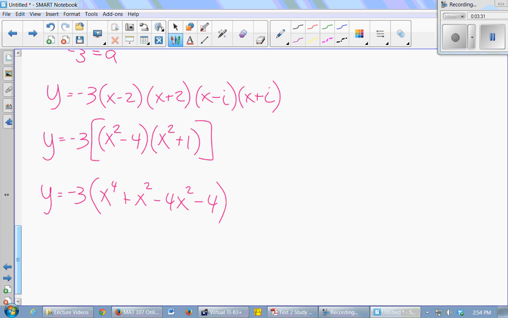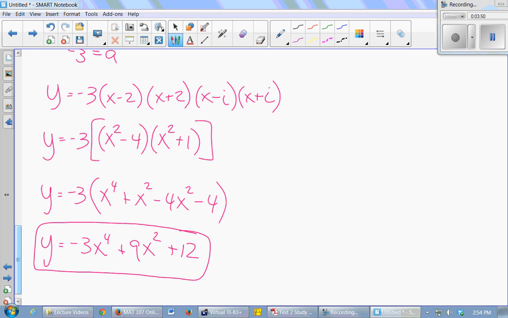And then just combine my like terms, and I have y equals -3x to the 4th. x squared minus 4x squared is -3x squared times -3 is plus 9x squared. And -3 times -4 is plus 12. So there's my polynomial form. This one is the factored out form.